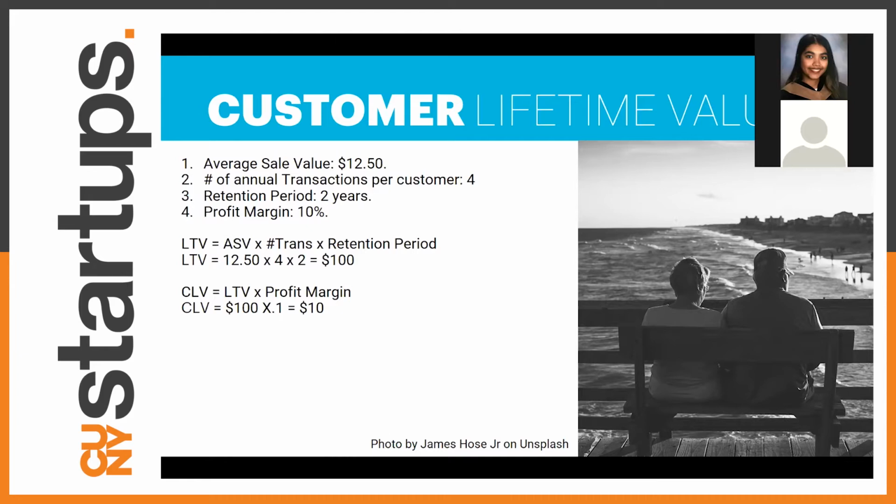So this customer is going to come back to your store 4 times and spend, well, we don't know how much they spend. It depends on how many purchases they make, but the average sale value is $12.50. The number of transactions per year per customer is 4. Let's assume that the customer stays with you for 2 years and then moves on, okay? And also let's assume that your profit margin is 10%.